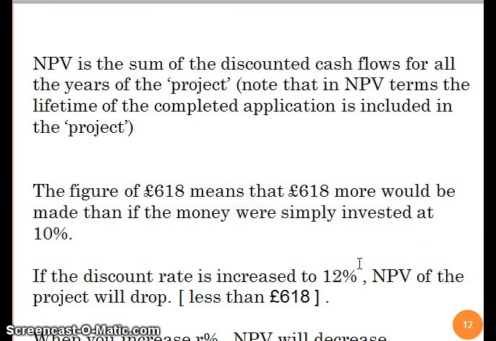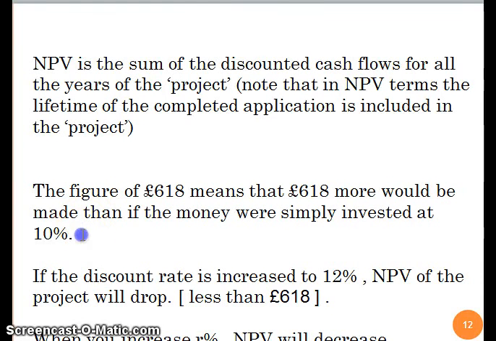So NPV is the sum of the discounted cash flows for all the years of the project. In the previous example, you got the NPV as 618, which means you will get $618 more than the money invested.